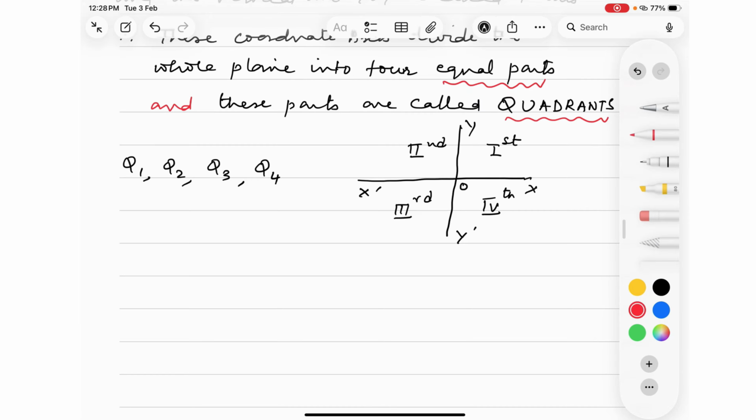Now the next concept is coordinates of a point in a plane. What does it mean?